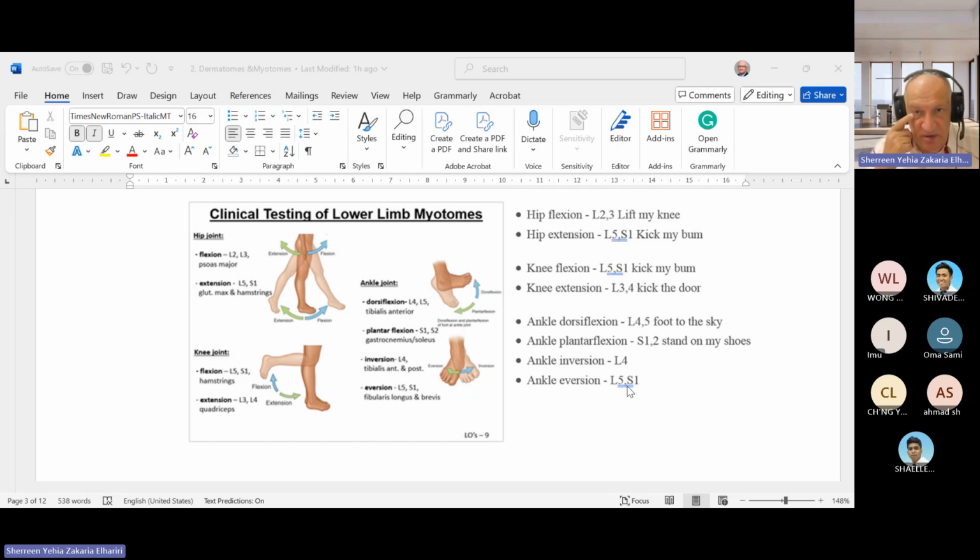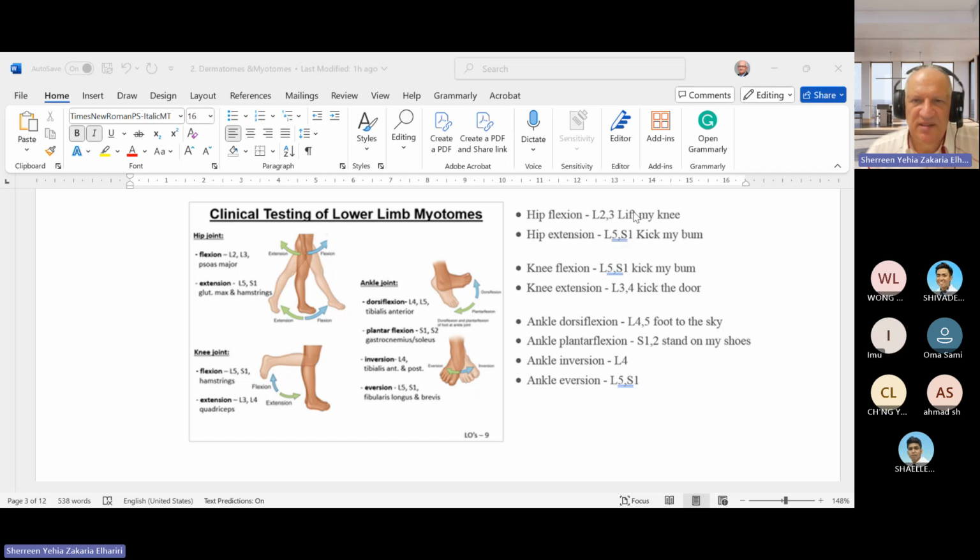And it is important to know inversion and eversion occur at the mid-tarsal joint, but ankle dorsiflexion and plantar flexion occur at the ankle joint itself. Of course, for the hip, it is L2 and 3 for hip flexion, and extension L5, S1.